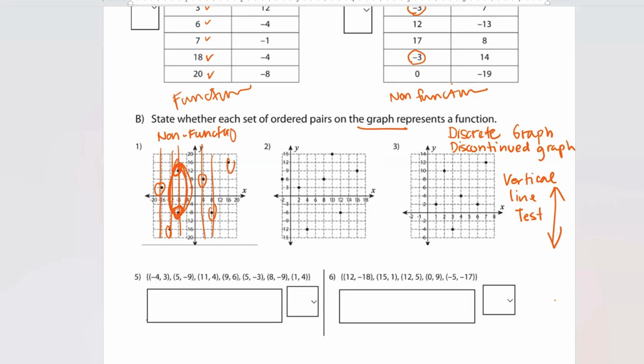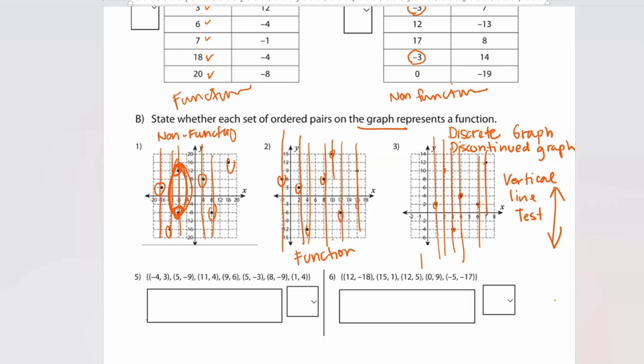Question number two. Once, once, once, once, and once. So this is a function. I intersect on the dot once. Question number three. Once, once, once, once, and once.